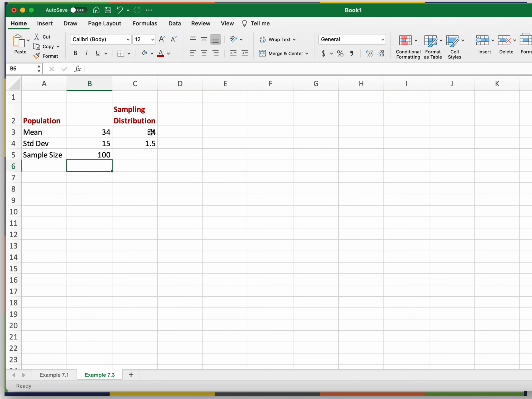The mean of the sampling distribution, of the averages on a sample of 100, is still 34. But the standard deviation is much reduced. It's 15 divided by the square root of 100. Click there, you'll see 15 divided by SQRT of 100, which gives me 1.5.